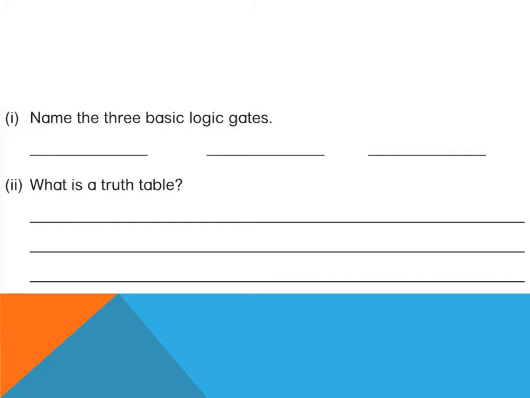Try to remember the three basic logic gates that I have just explained, and try to write down the names. It doesn't matter if you are wrong, because I will give you the correct answers. Just test yourself how much you have learned till now. Pause the video for 5 minutes and try it out yourself.